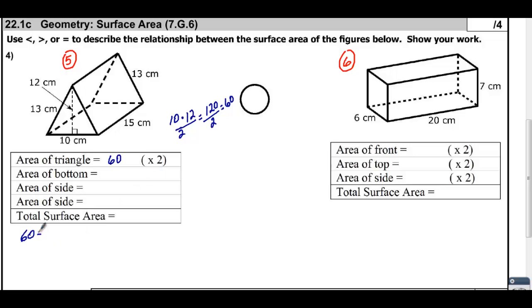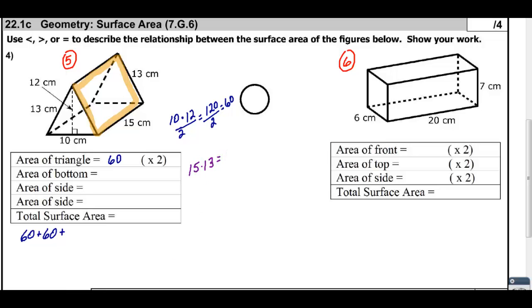So I like to go ahead and write down each of the parts separately, so by the time I'm done, I make sure I see 5 parts. Okay, next we're going to have one of the sides, and we're going to start with this side. So this side is 15 by 13.